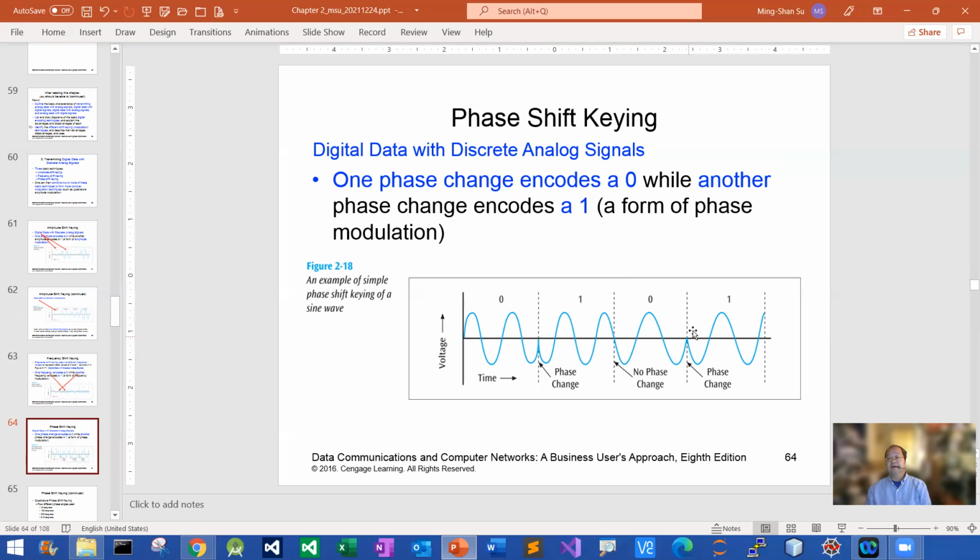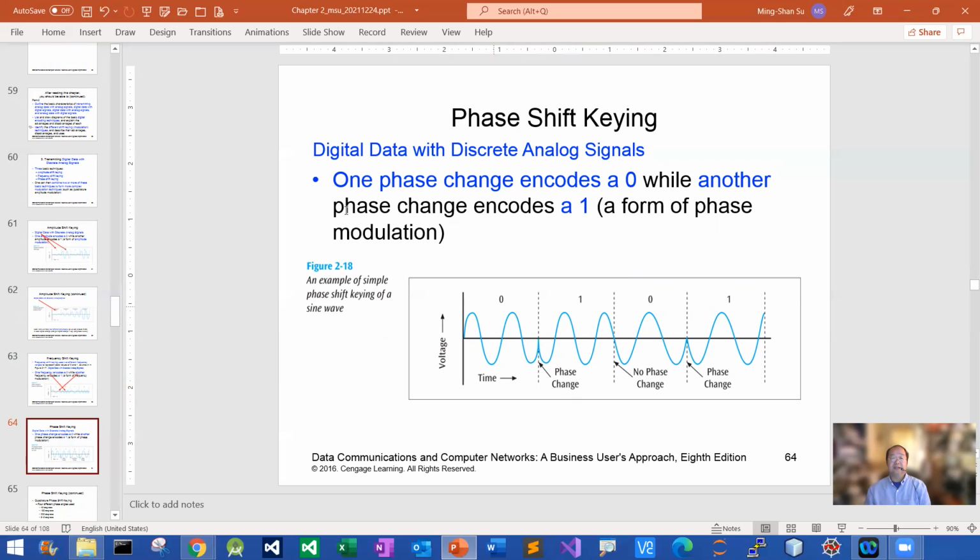Theoretically, at this moment of time, it should start going up, right? But then we say no, I want to change the direction, so it goes down, so it creates a phase change, okay?